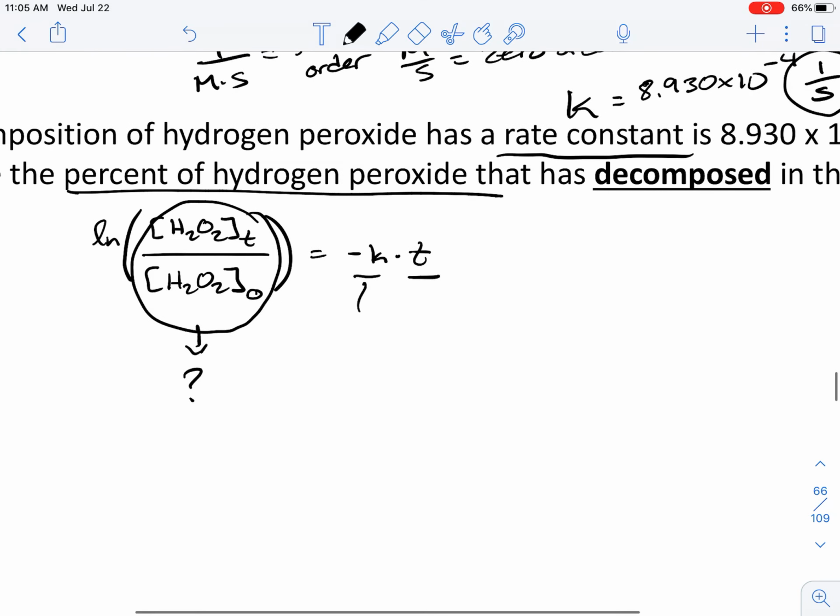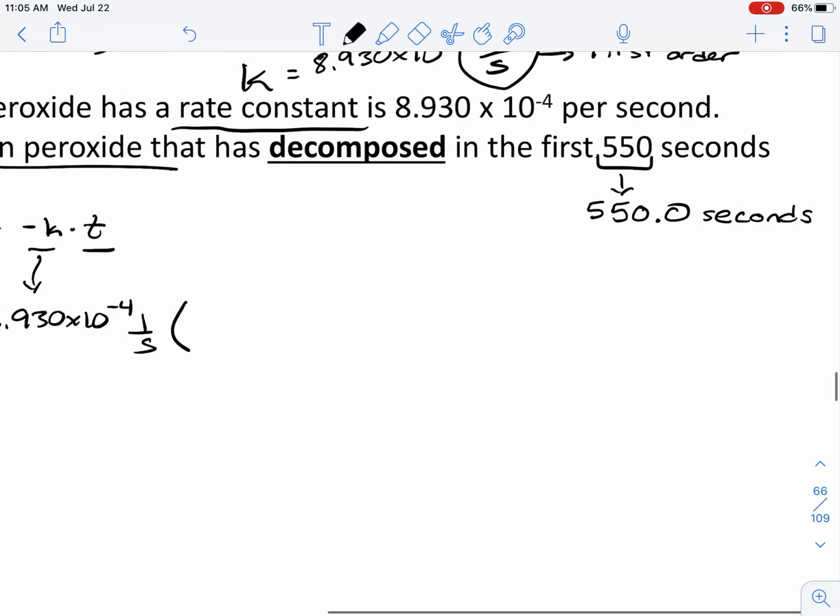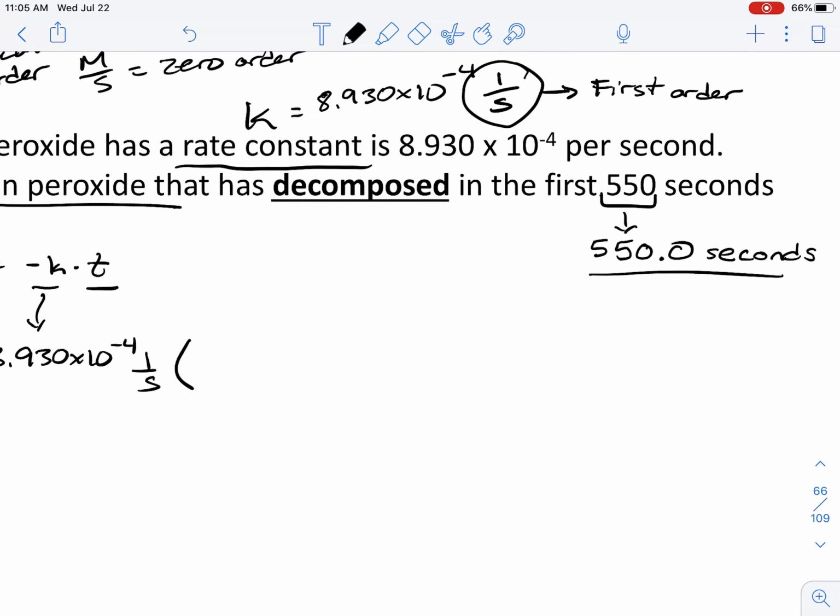And so K is already given to us, which is 8.930 times 10 to the negative 4, 1 per second, times the time. And it looks like they already gave us the time, which is in seconds. So this is 550.0 seconds.